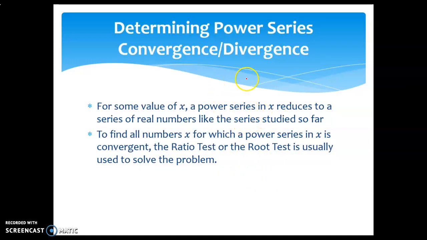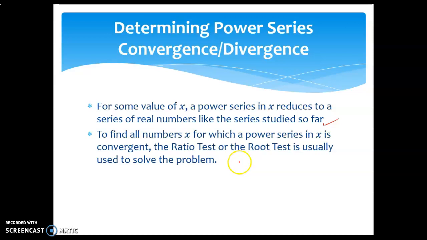So we want to determine whether a power series converges or diverges. For some values of x, a power series can reduce to a series of real numbers, like the series studied so far. There are some values of x that make the power series converge.